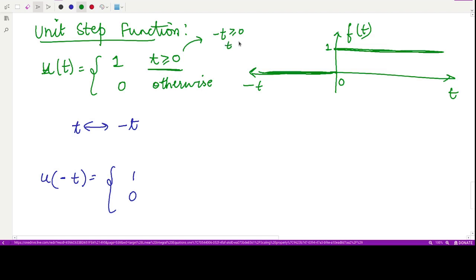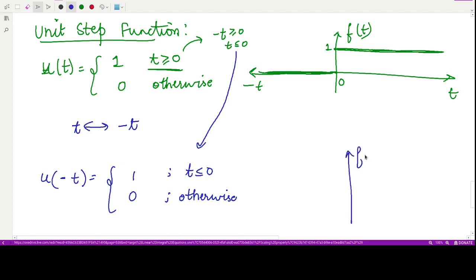In other words, t less than or equal to 0, right? So your limits become t less than or equal to 0, and 0 otherwise. When you draw this function, this is the function's axis, this is the time axis, right? Whenever t is less than or equal to 0, the function's value is equal to 1. So this is 1 here, and otherwise the function's value is 0.